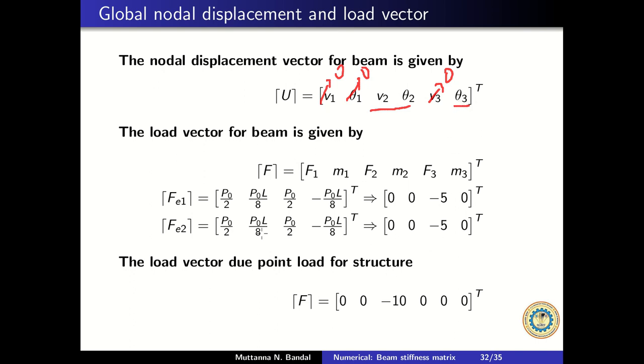So this becomes a load vector, and this load vector will have a different empirical formula for the concentrated load. So it is P naught by 2.